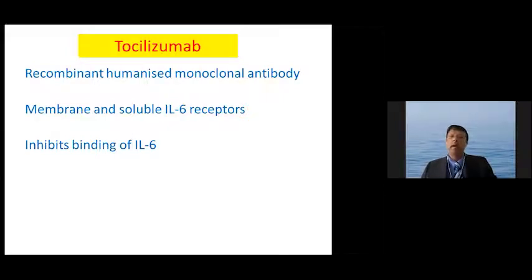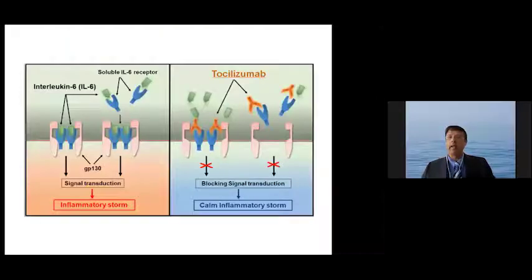Tocilizumab is a recombinant humanized monoclonal antibody against both the membrane and soluble IL-6 receptors. That is the receptor that binds to the IL-6. So when the monoclonal antibody binds to the receptor, it inhibits the binding of the IL-6, the chemical called IL-6. And we know the actions of this cytokine called IL-6.